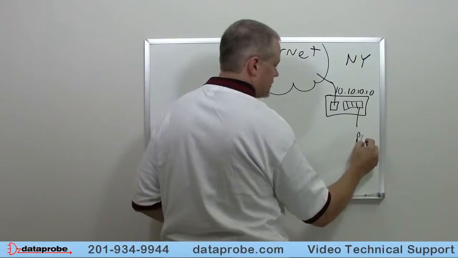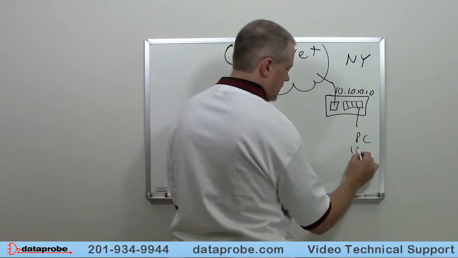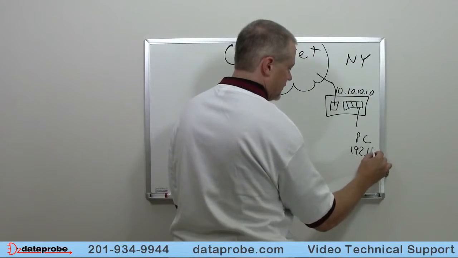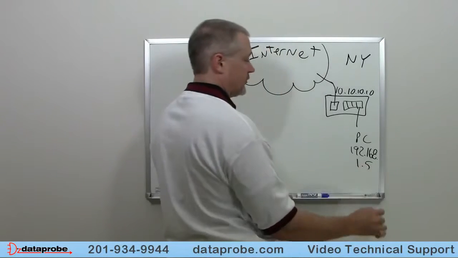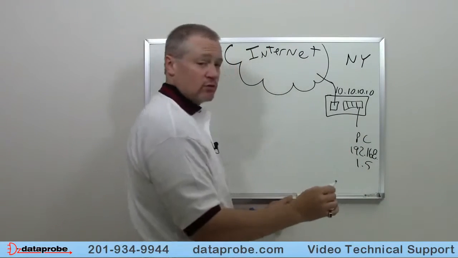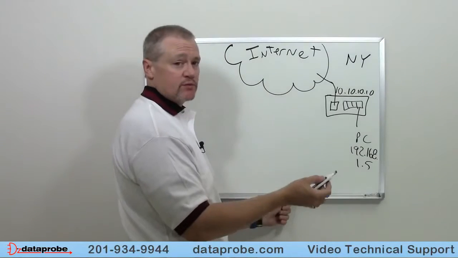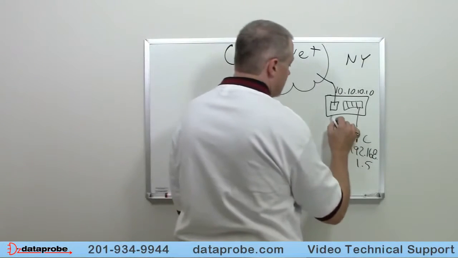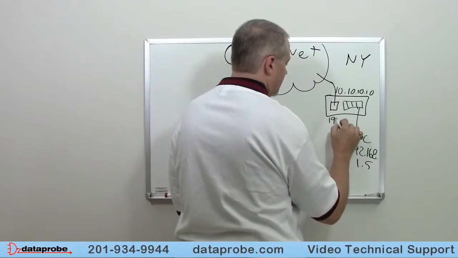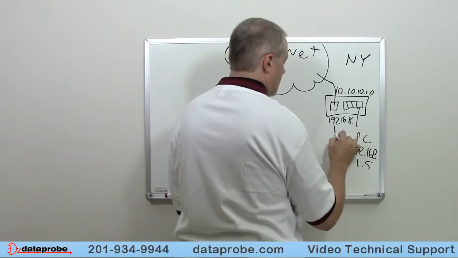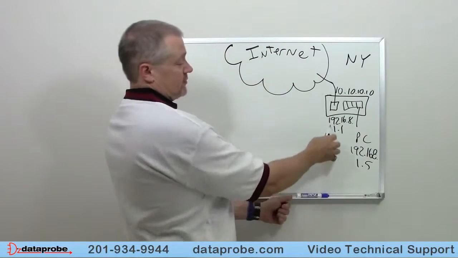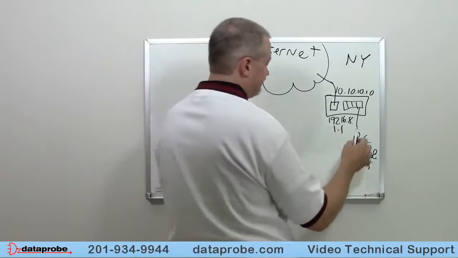We'll put a PC over here, and we'll say that's 192.168.1.5, for example. The router can have its own local address, which is going to be the gateway. In this case, we're going to call it 192.168.1.1. If you notice, everything's going to be .1 network over on this side.